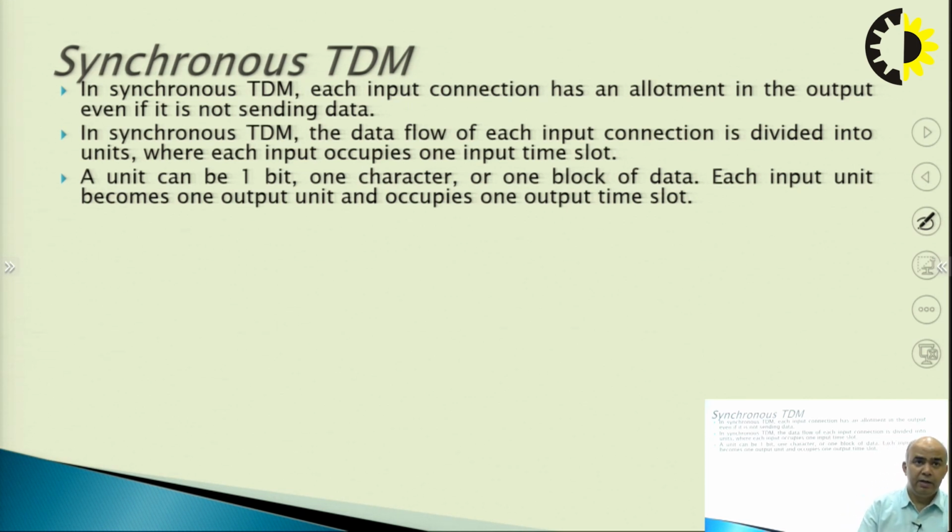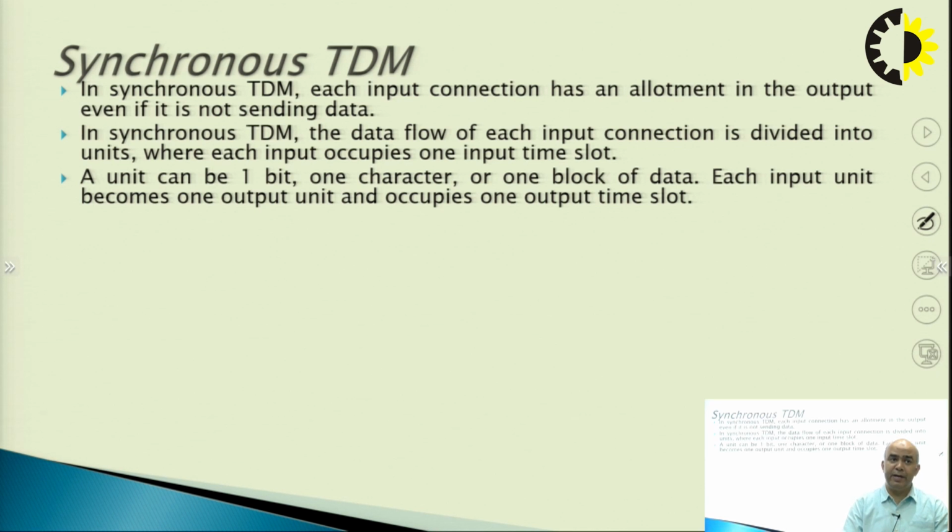Why? Because if any node is not sending data, that node is forced to send some data during that time frame. If it is not sending, then it has to send some arbitrary data.